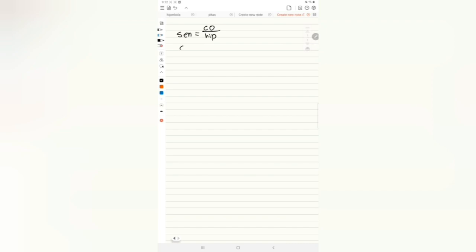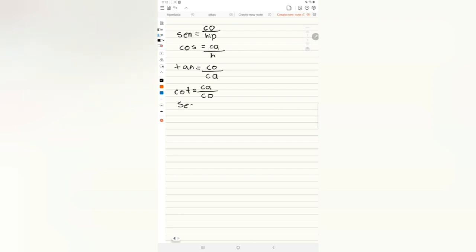Now the cosine is going to be equal to the adjacent leg, like in Spanish, cateto adyacente, divided by the hypotenuse. The tangent is going to be equal to the opposite leg divided by the adjacent leg. The cotangent is equal to the adjacent leg divided by the opposite leg.